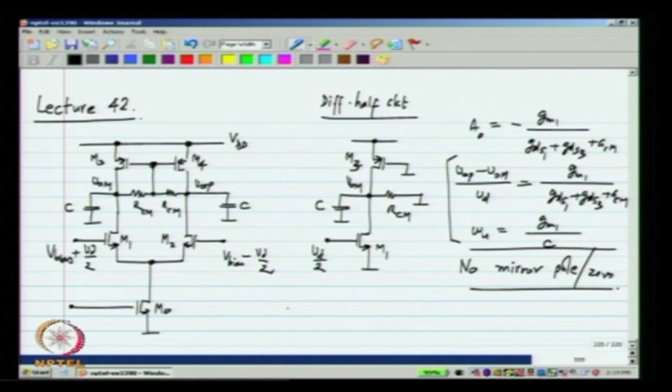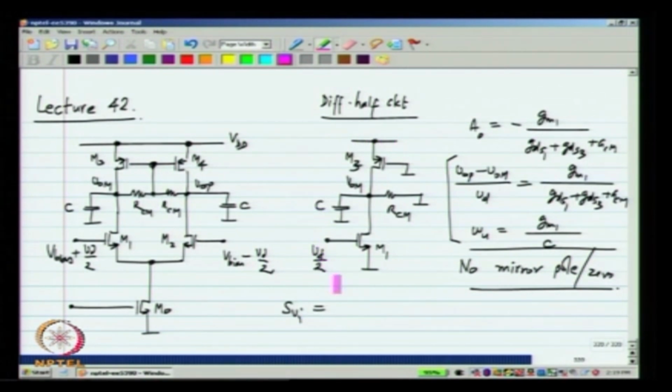Okay. So the noise we have already calculated, the input referred noise turns out to be exactly the same as what we had in the single ended op amp. I am not going to work it out here, but we have already looked at how to calculate the noise of the fully differential circuit from the differential half circuit.